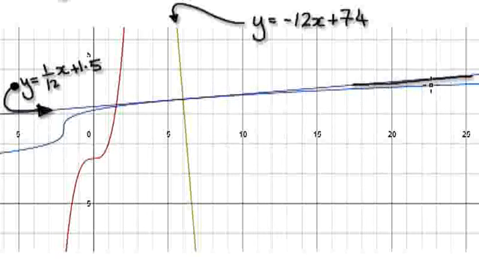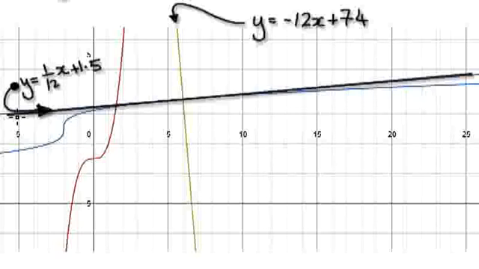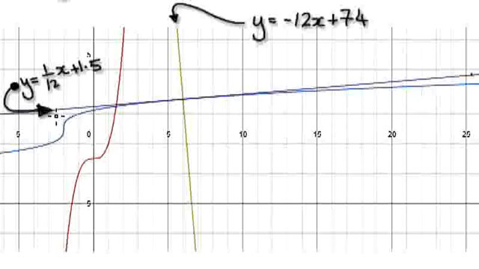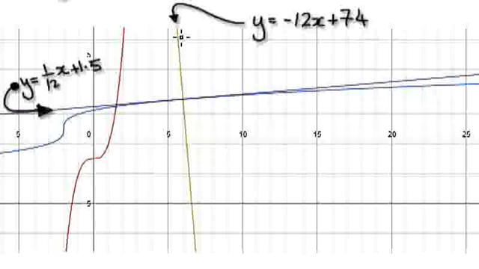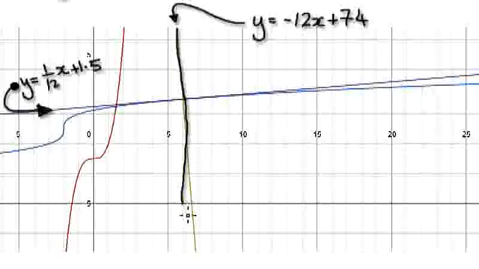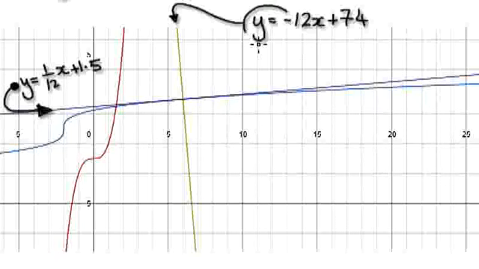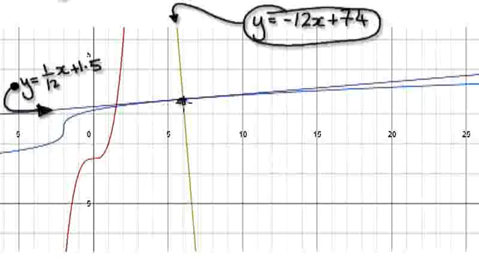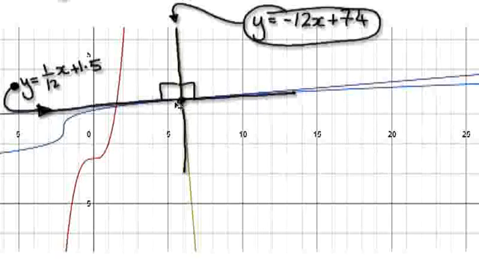The green line here is the normal line, and it is at 90 degrees to the tangent line. The equation for this normal line is given by this. So here, this is our tangent line, this is our normal line, and they are at 90 degrees.